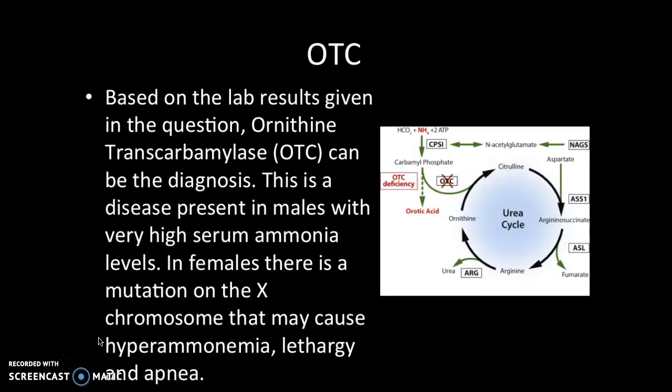So this could cause these three symptoms that this newborn had. And here in this diagram, you can see where this OTC deficiency comes from. OTC facilitates the process of carbamoyl phosphate entering the urea cycle. And as you can see, if there's a deficiency, this would not be able to occur.